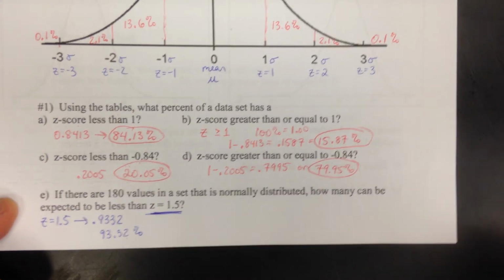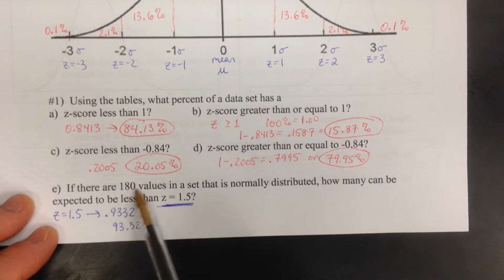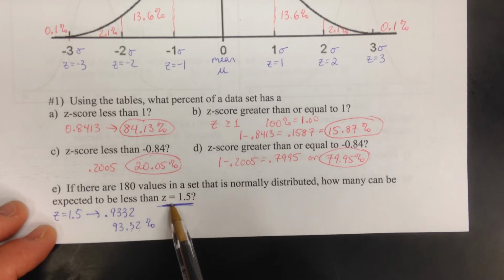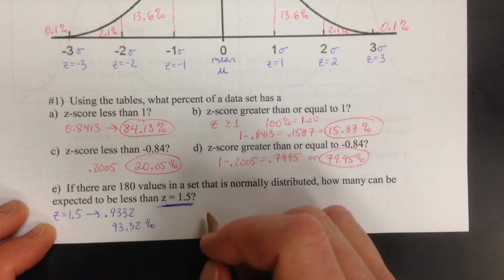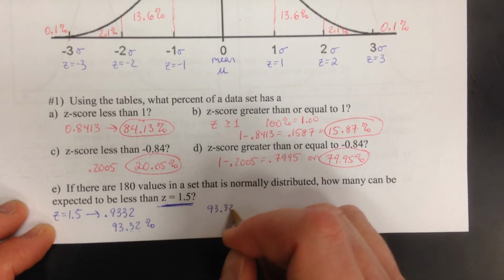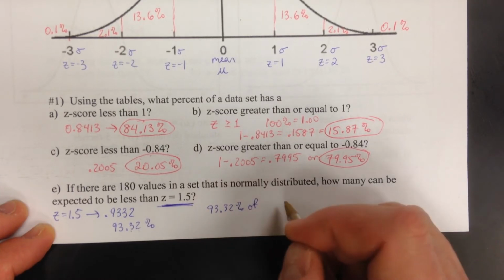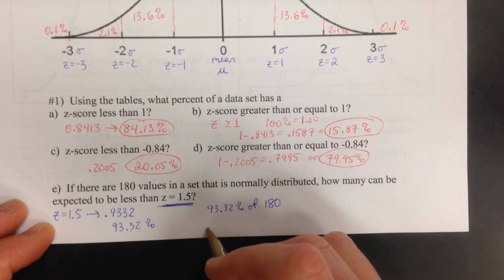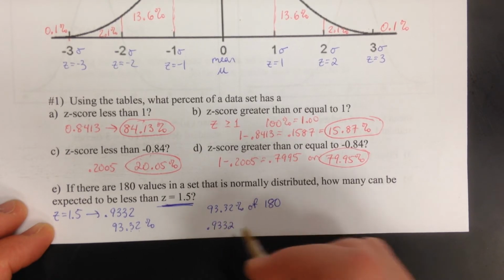Okay, so if we had, let's say there are a total of 180 values, 93% of those values will have a z-score less than this. So I want to take 93.32% of 180. Well, when you take a percentage of a number, what you do is you multiply.